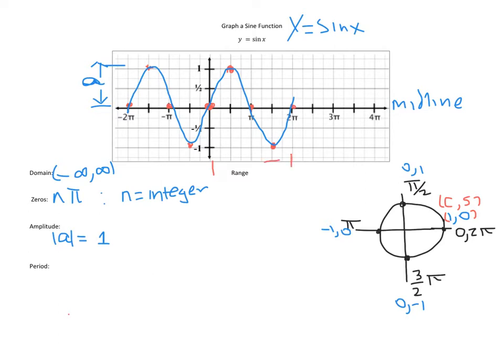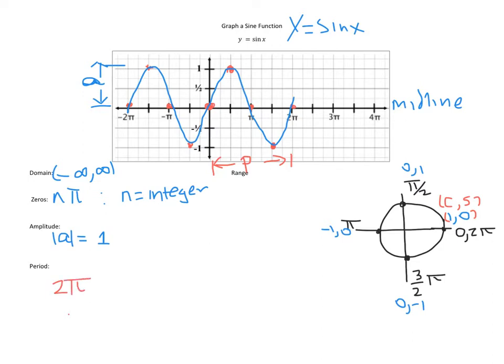That part of the graph represents one cycle. This graph has many cycles, just repeated. So that is one period, and this period corresponds to the distance from 0 to 2 pi. So the period is going to be 2 pi.